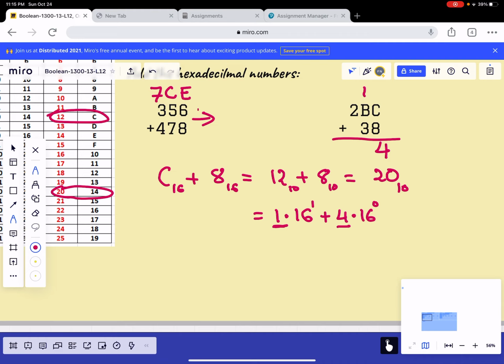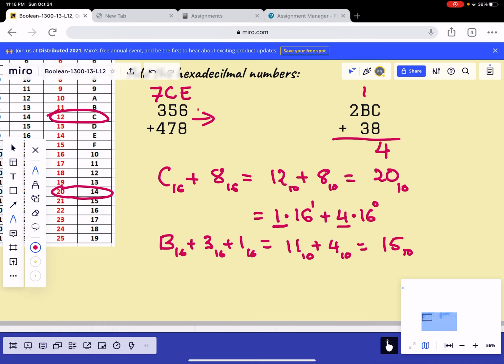Now I add the second column. So B, which is 11 in decimal, plus 3, and plus 1 carry over equal. So B is equal 11, so I put down 11. All right, 11 plus 4 equal 15 decimal.